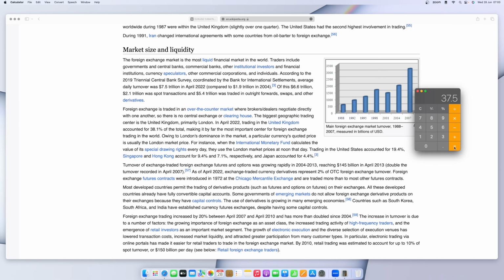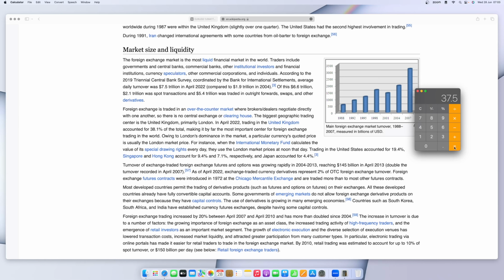And then it says, of this 6.6 trillion, 2.1 trillion was spot transactions and 5.4 trillion was traded in outright forwards, swaps and other derivatives. And then foreign exchange is traded in an over-the-counter market where brokers and dealers negotiate directly with one another, so there is no central bank or clearinghouse.